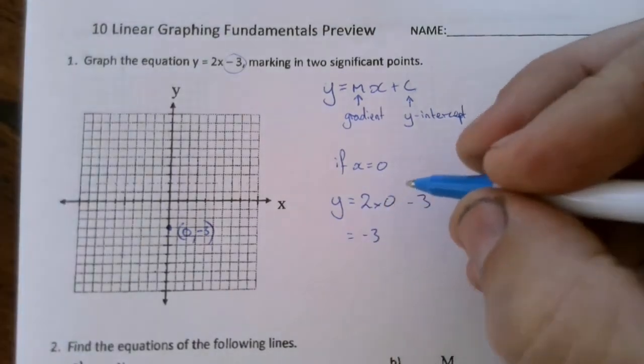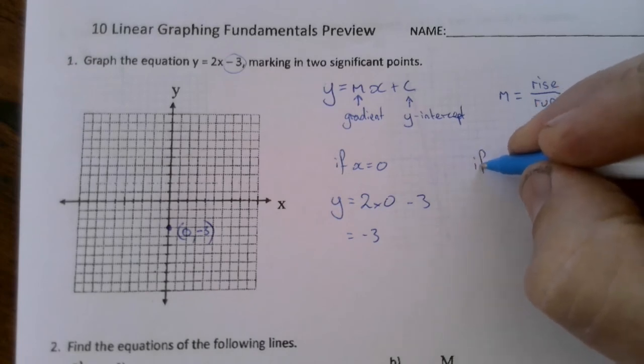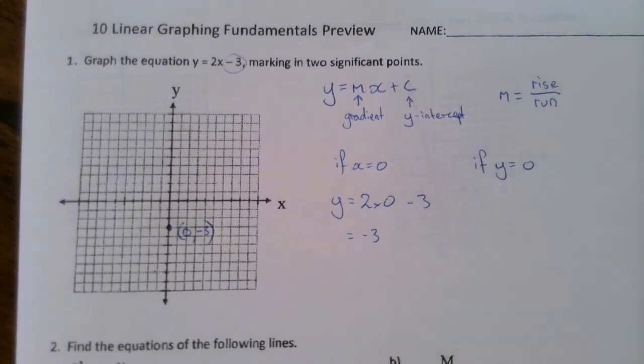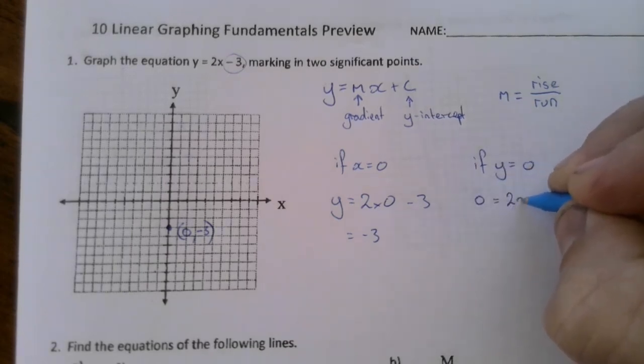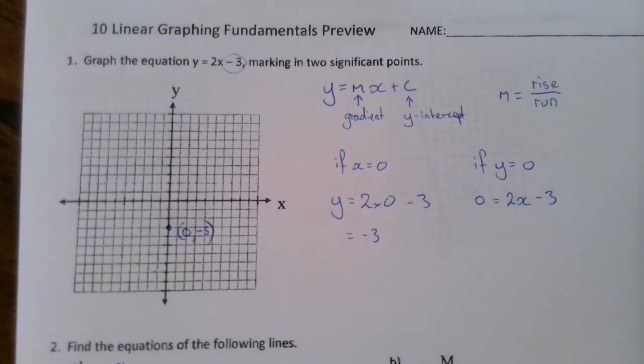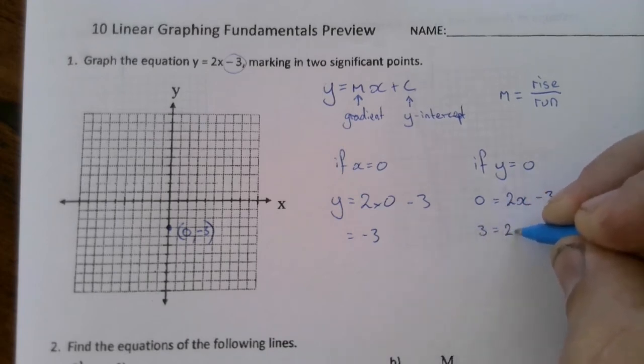Okay, so if I need to find another significant point on this, what I can do is make y nothing. And this will become important later on, okay? Because if y is nothing, then nothing equals 2x -3. And so then we can just use the balance method to find out what our x-intercept would be, okay? So we'll add 3 to both sides, and we'll end up with 3 equals 2x.